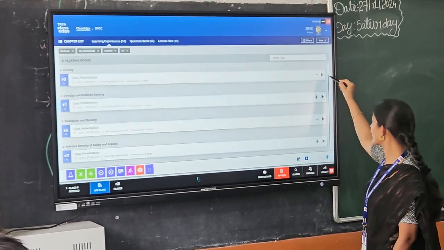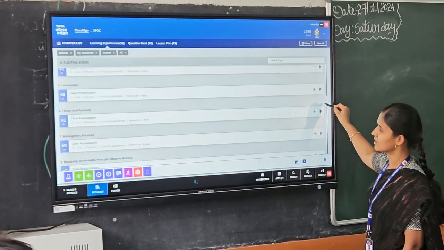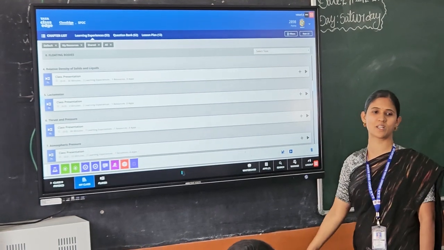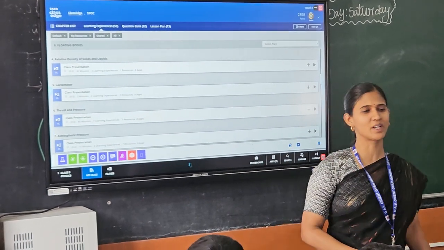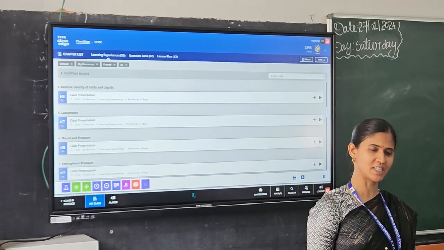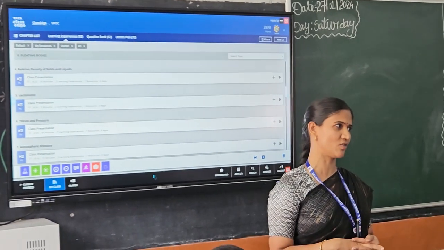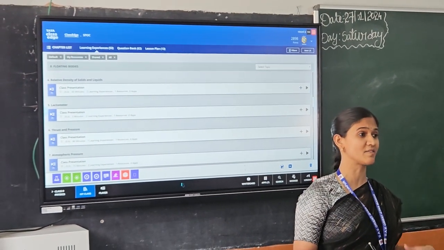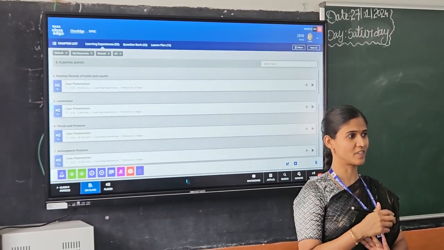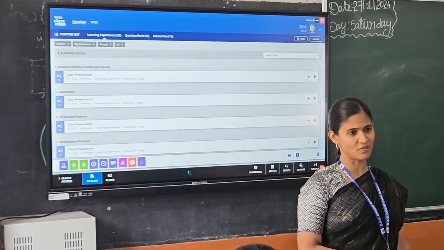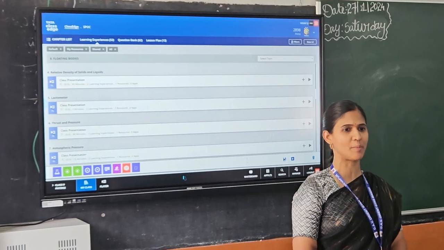So tomorrow, what will be our session? We will learn thrust and pressure, lactometer, and atmospheric pressure tomorrow. For today, what have you learned, children? Density, units of density, why objects float on water, why objects sink in water, and what happens when the density of the liquid is increased or decreased.